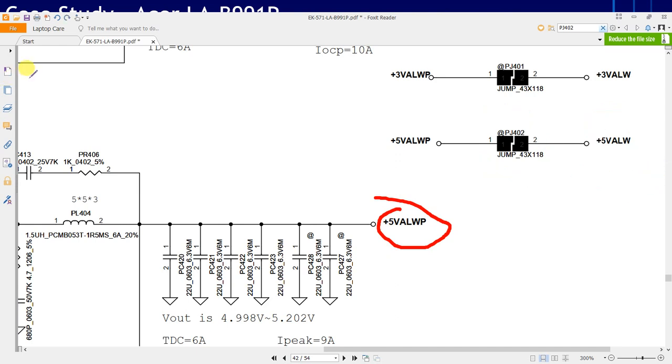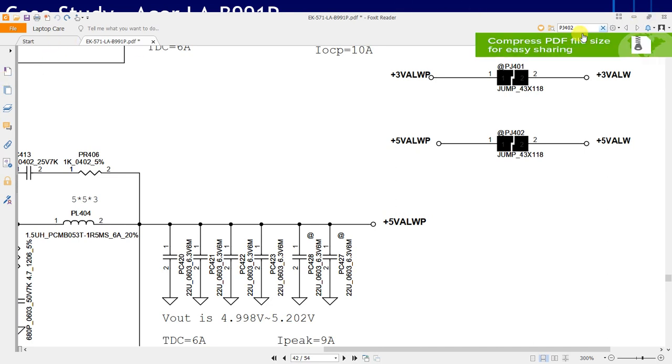We will find out, and we will also see which different sections it is going to, that is, plus 5 volt always going to many places. If we check over here, plus 5 volt always, we'll find out how many places it goes.